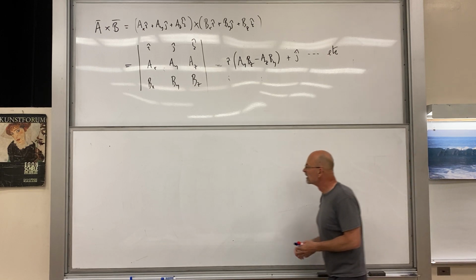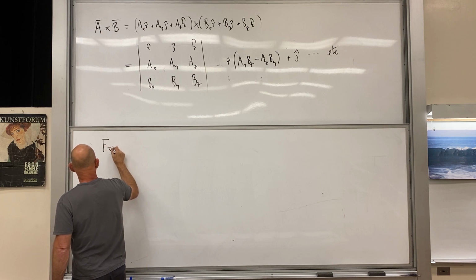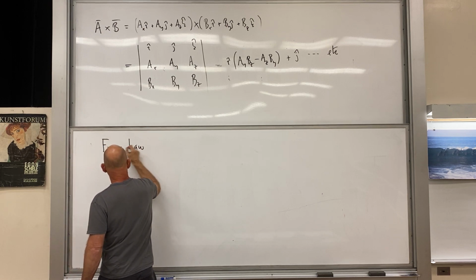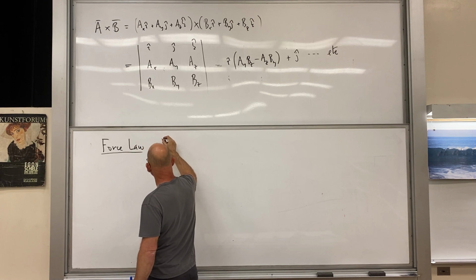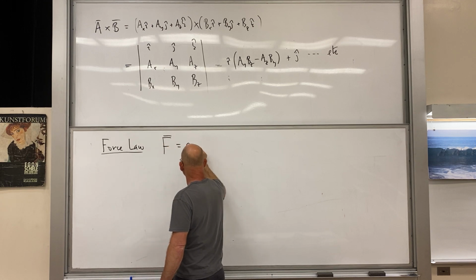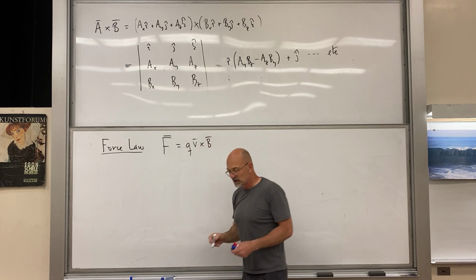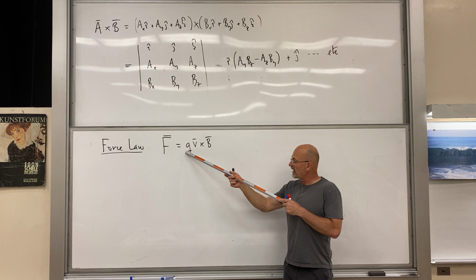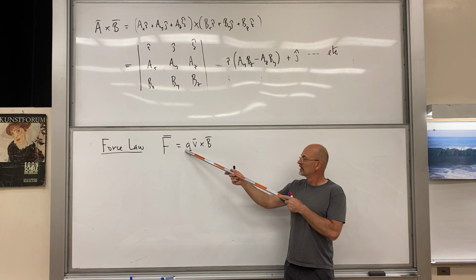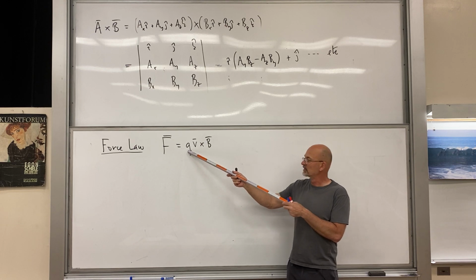So after that discussion, we're back to the force law. On a charged particle moving in a magnetic field, force is equal to charge v cross B. You can also see, in addition to these vector product properties, if I had a negative charge, the force would be in the opposite direction as if I had a positive charge.